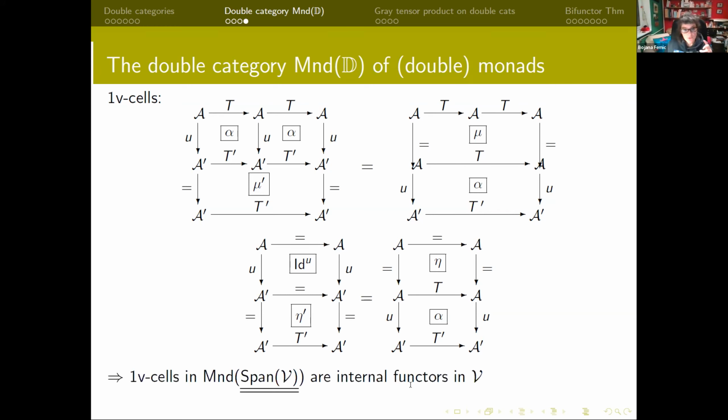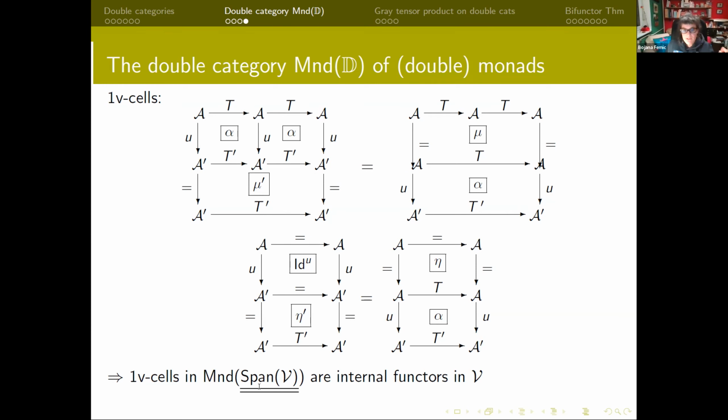And now going back to our example of internal and enriched categories, with this definition you really get, and it is easily seen, and we also commented in my joint work with Enrico Ghiorzi, which is on arXiv, that one-cells, so these vertical monad maps, in this double category of monads, in the double category of spans in V, are indeed internal functors.